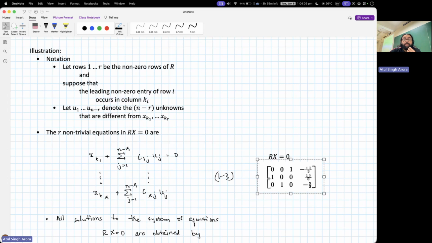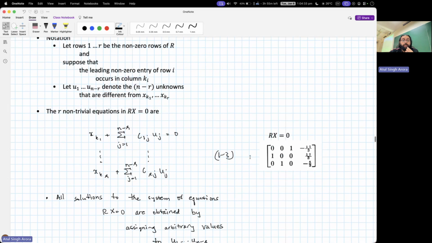So for us, it would occur in the first column, second column, third column. That's fine. So for each of these rows, we would introduce a new variable: x1, x2, and x3. And then for the remaining columns, there are more columns. For those, we would introduce u1 up to however many you need to span all the columns.